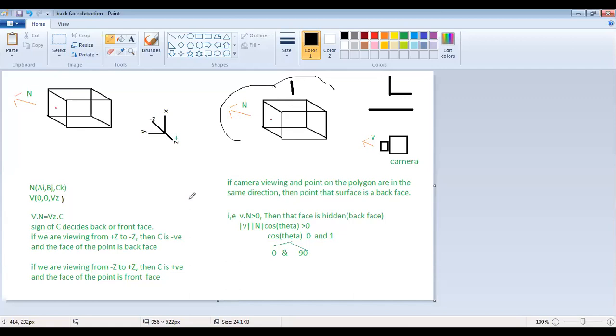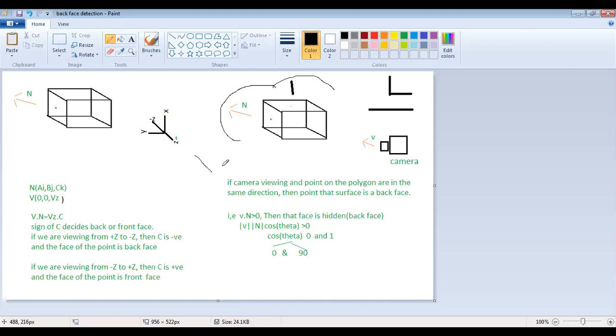Whenever I have x, y, and z axes, and whenever I am viewing anything, how do I view? I view from this direction, like this. So whenever I am viewing anything, that viewing will be parallel to the z-axis.